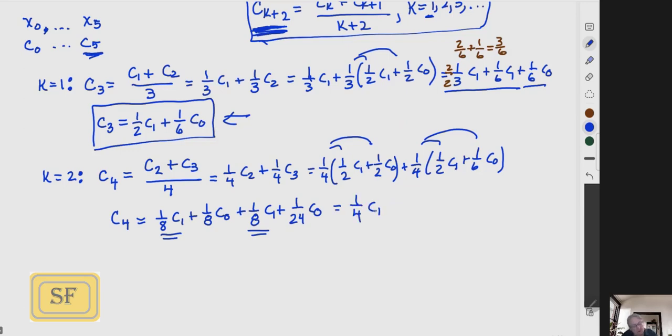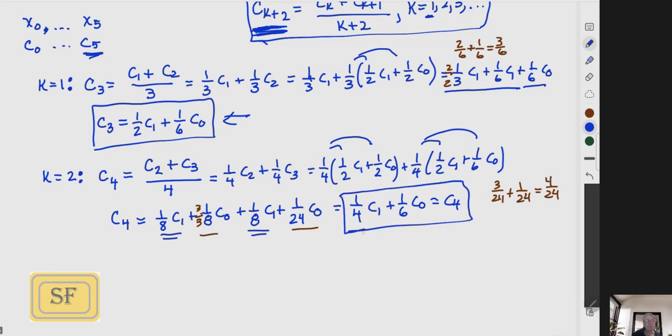And then combining my C0s, I'm going to have to multiply by 3 here to get 3/24 plus 1/24, which is 4/24 or 1/6 C0. So that's C4. C4 is 1/4 C1 plus 1/6 C0.